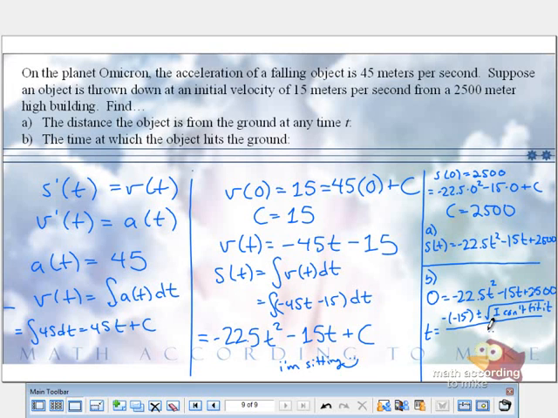You're going to get two answers for t, one positive, one negative. Time can't be negative. So we just take the positive one. And if you would, round your answer to 2 decimal places. All right, we need to get this party going. I got 10.21.